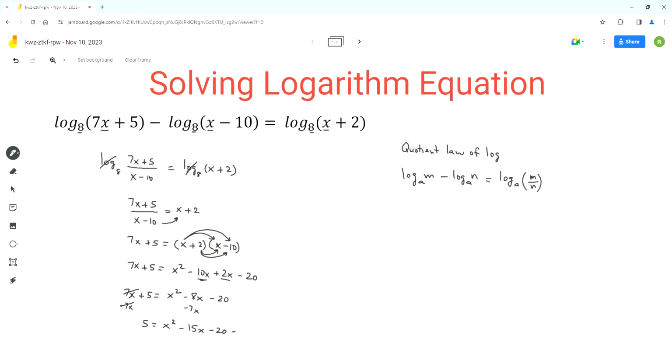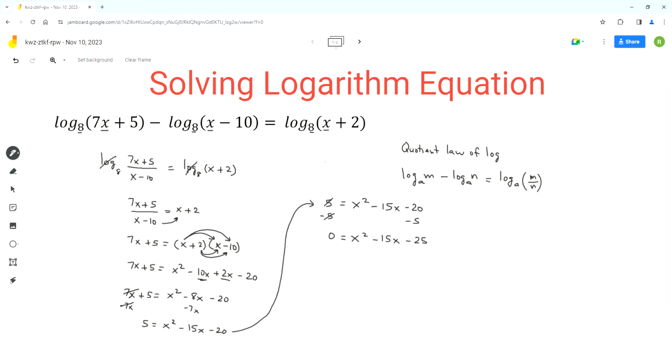We can subtract 5 from both sides. So I'll write it here first: 5 equals x squared minus 15x minus 20. If we subtract 5 from both sides, the 5 on the left side cancel each other out. So we are left with x squared minus 15x minus 25.